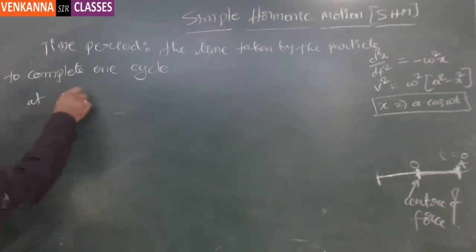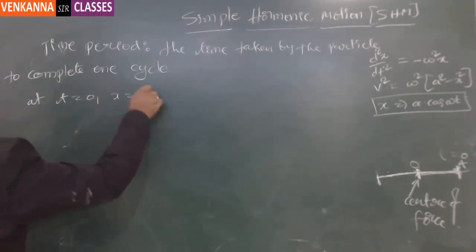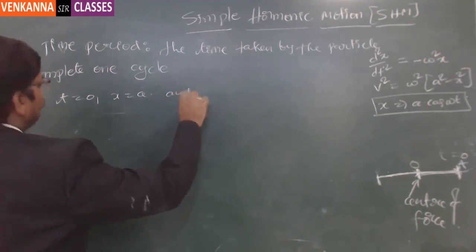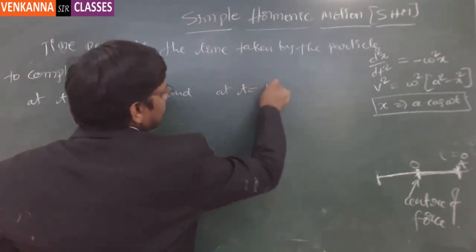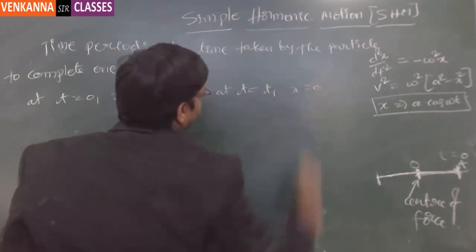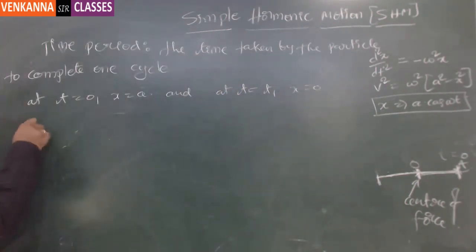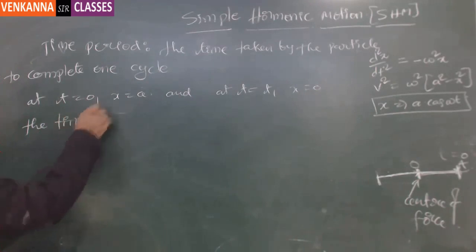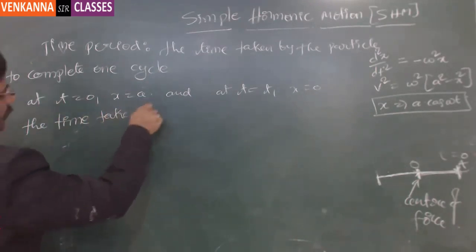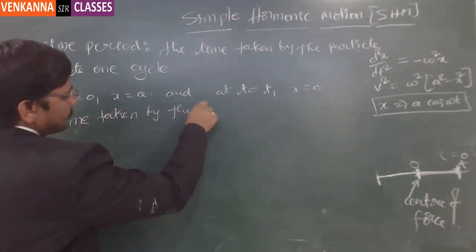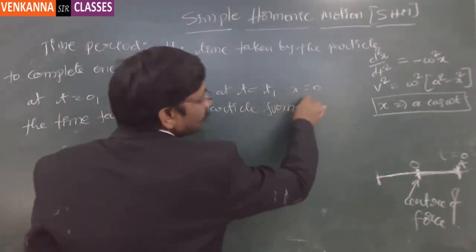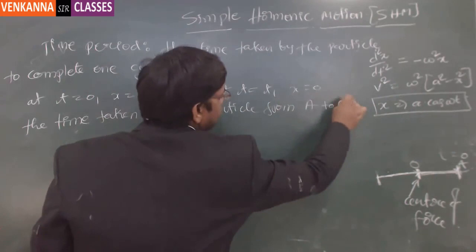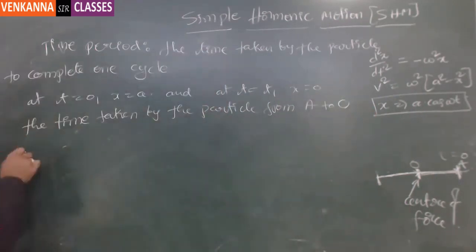At t equal to 0, x equal to a, and at t equal to t1, x equal to 0. Now the time taken by the particle from A to O is t1.